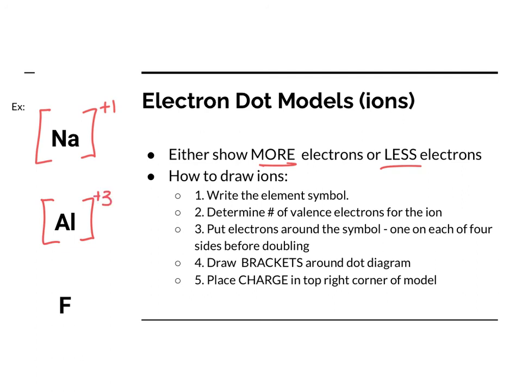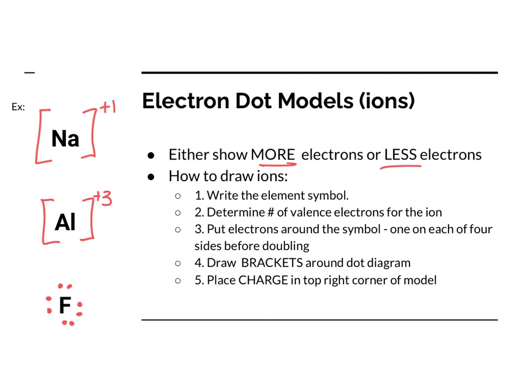And then finally for fluorine, so fluorine has 7 valence electrons as an atom. Since fluorine has 7, it will be easier for fluorine to gain an electron to have that full outer shell.